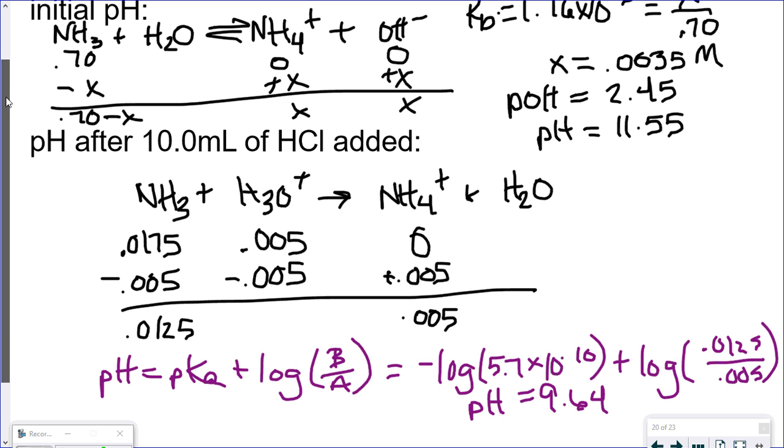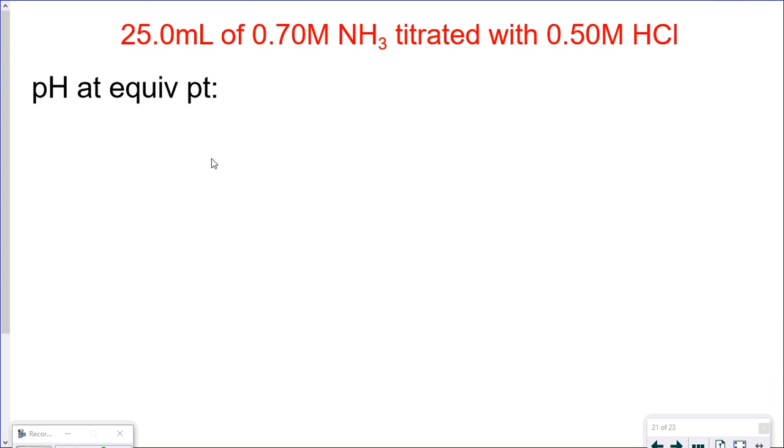The common mistake here is that people try to plug in the Kb instead of the Ka value. If we plugged in Kb, we would have to rearrange our ratio of base over acid. Then it wants to know the pH at the equivalence point.